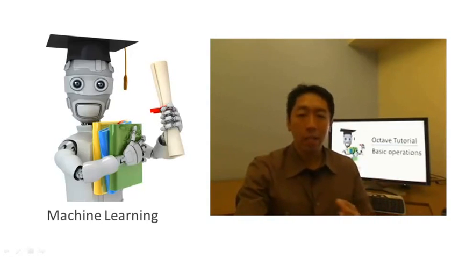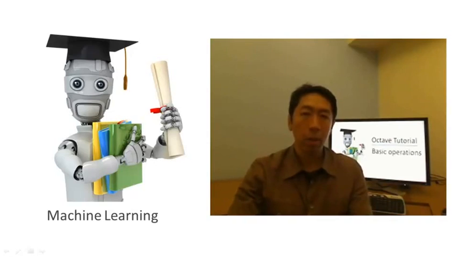And so because of that, and because we're releasing starter code in Octave, I strongly recommend that you not try to do the programming exercises in this class in NumPy or R, but that you instead do the programming exercises for this class in Octave.